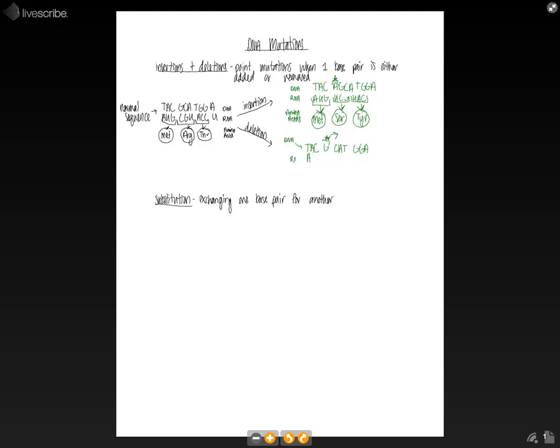So when we base pair this, and then we have our amino acids again, we get this as a result. So we see a similar result to the insertion in that our amino acid sequence is going to be completely different, and it's going to change everything.